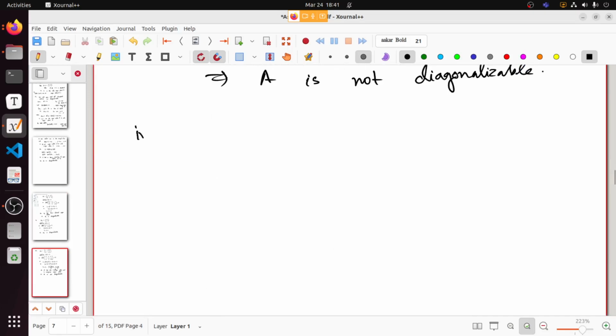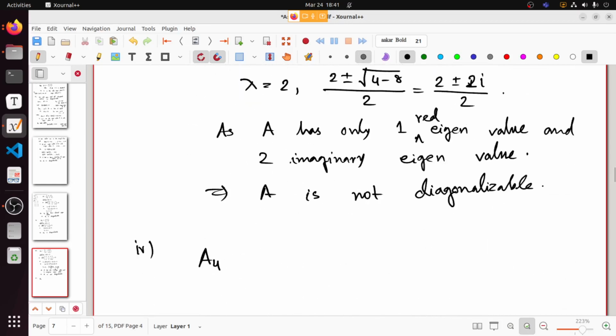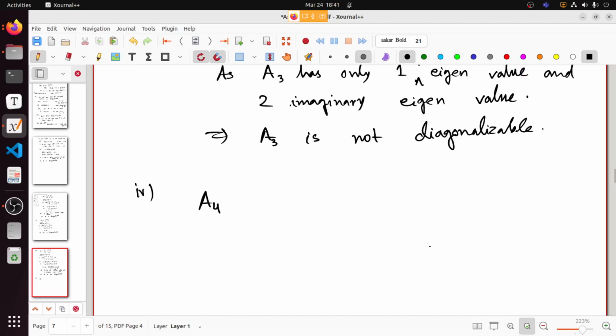This is option number 4, A4. So what is A4? 1 0 2 3, 0 0 2 3, 0 0 2 3, 0 0 0 3.